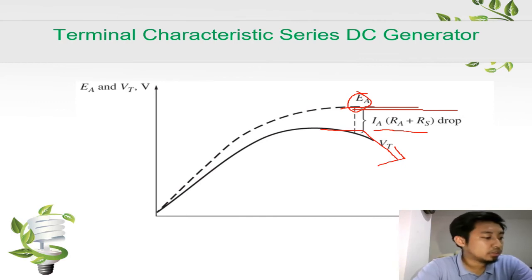Series generators are used only in a few specialized applications where the steep voltage characteristic of the device can be exploited. One such application is arc welding. A series generator used in arc welding is deliberately designed to have a large armature reaction.